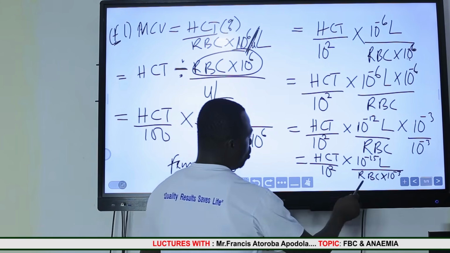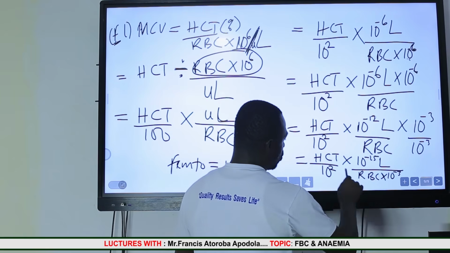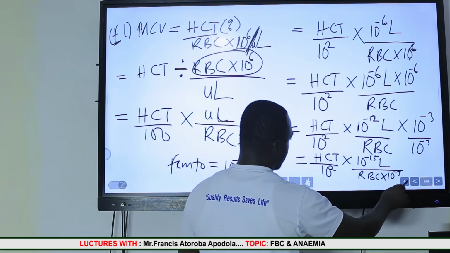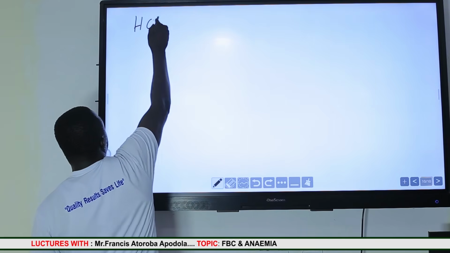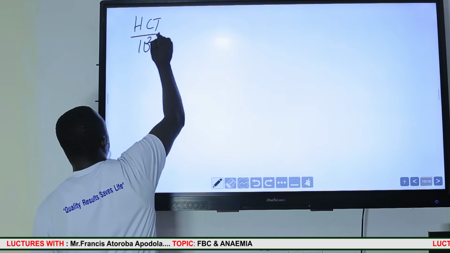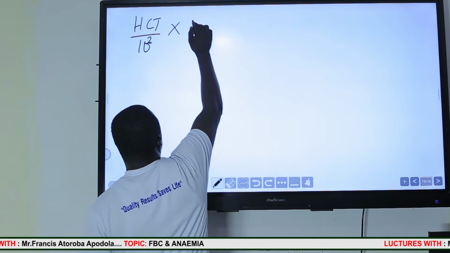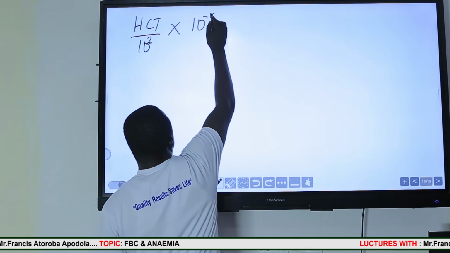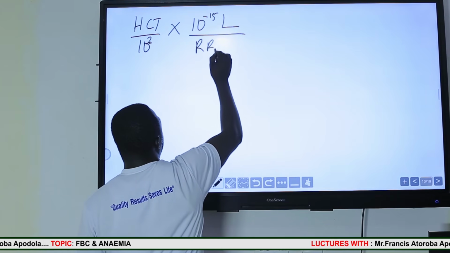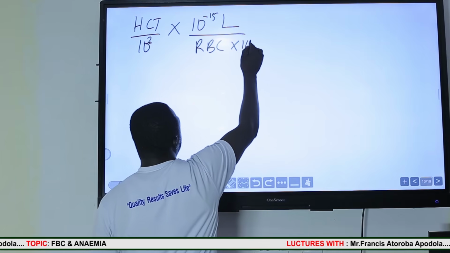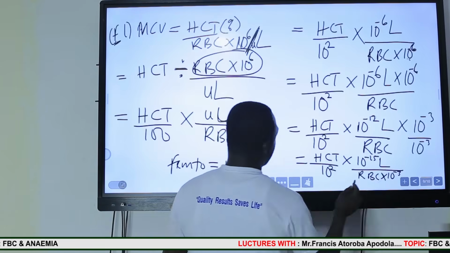So notice what is going to happen. Let me copy this one to the next line. We have hematocrit over 10 to the power 2 times 10 to the power minus 15 liter over RBC times 10 to the power minus 3. I hope you can see that.